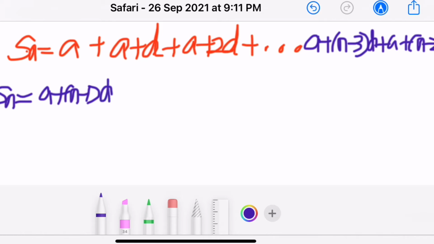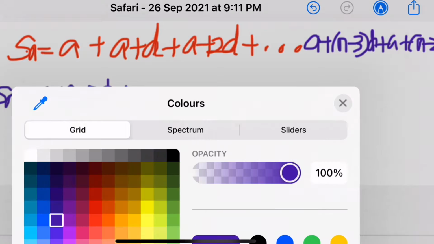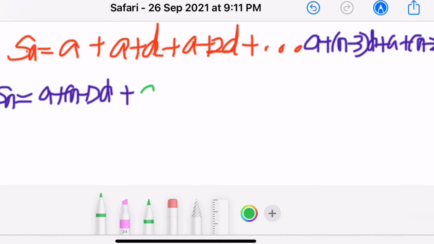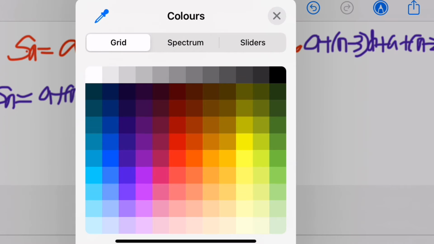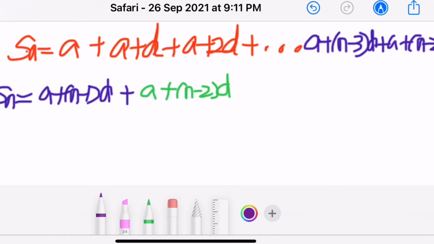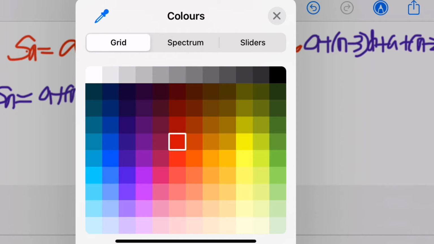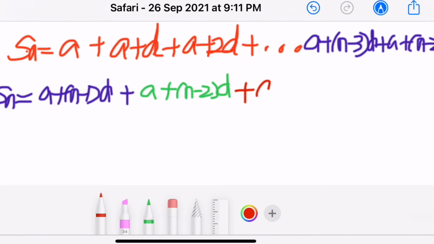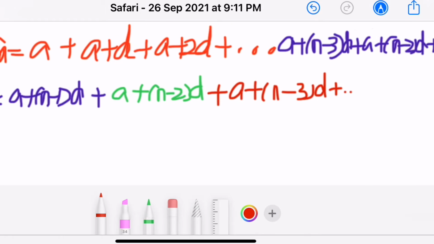Then we have a plus n minus 2d, and then another one, a plus n minus 3d. We just add until the last three terms.